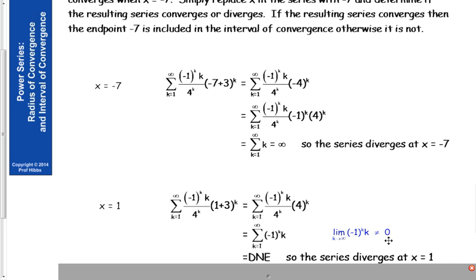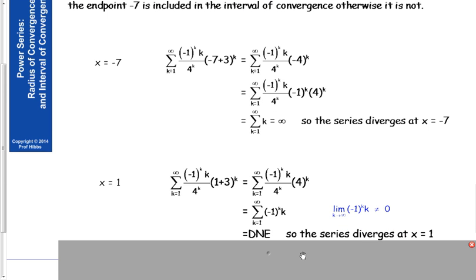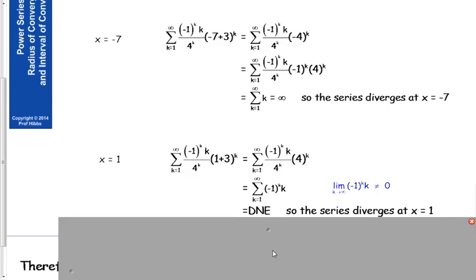But we could also use the divergence test, remember, look at the limit of the terms of the series. In this case, that would be the limit of negative 1 to the k times k. And you'll notice that as that goes to infinity, that's not getting close to 0. And so that tells us that it diverges in another way. So here's what we know then.